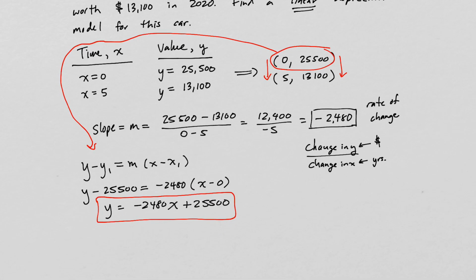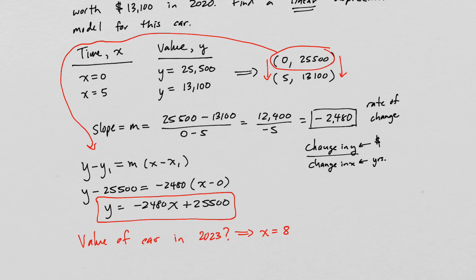Now, what's significant about this is that you can use this model to predict what the car will be worth at a different time. So just to add on to this question, I could ask something like, what is the value of the car in the year 2023? And so first of all, we would say, well, 2023 is 8 years after 2015.